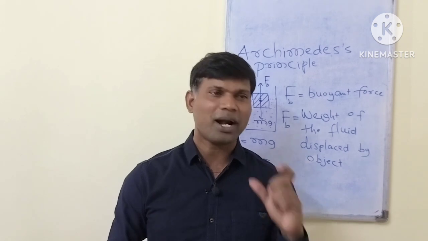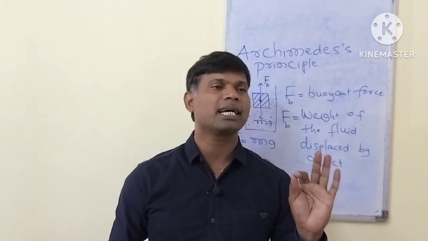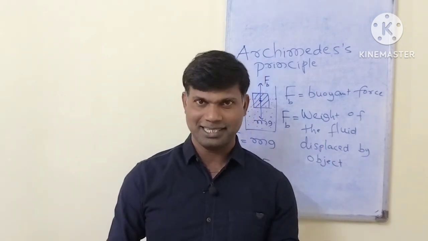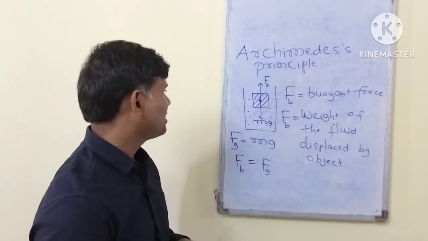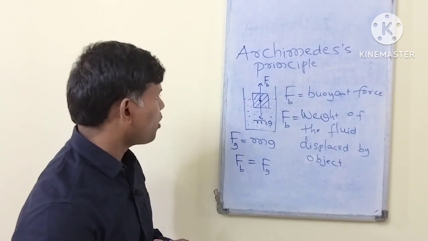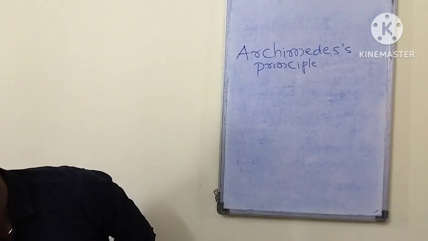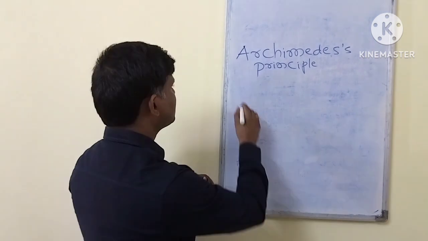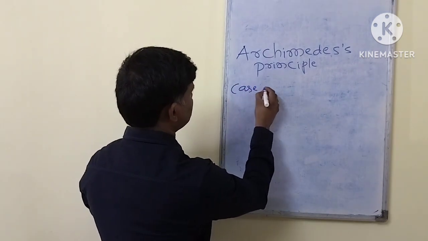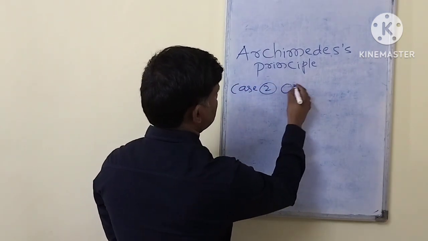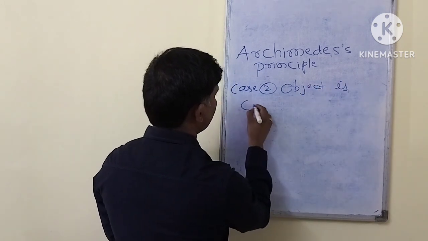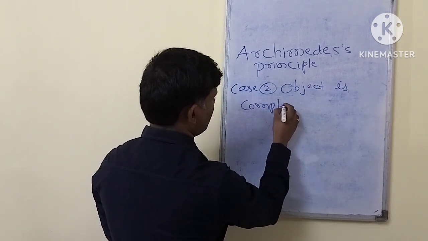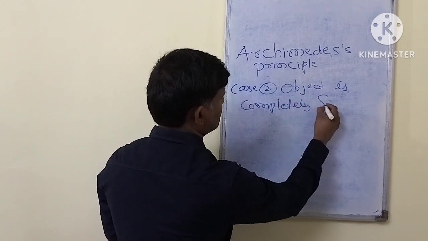Case 2, what is that? The object is completely submerged. How does it look? You see now. I will draw one more figure. Case 2, when the object is completely submerged.